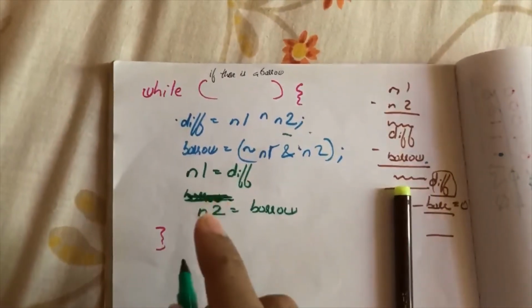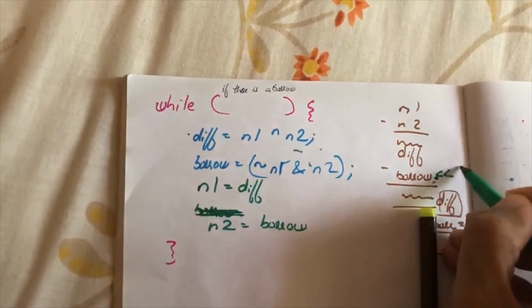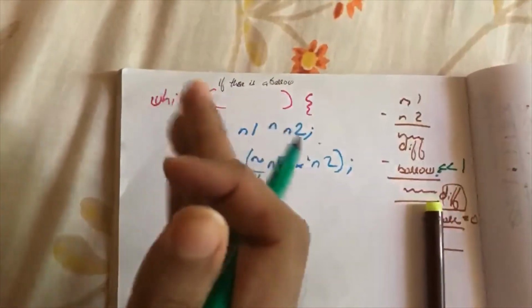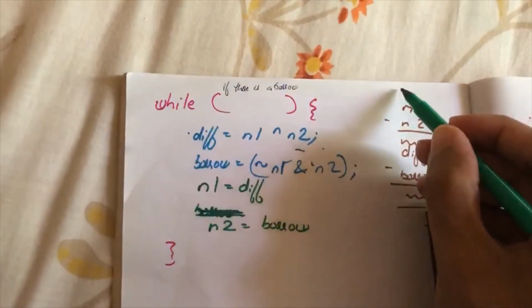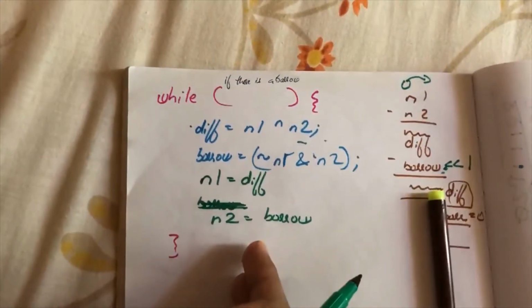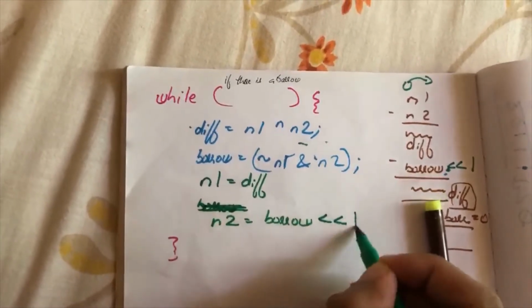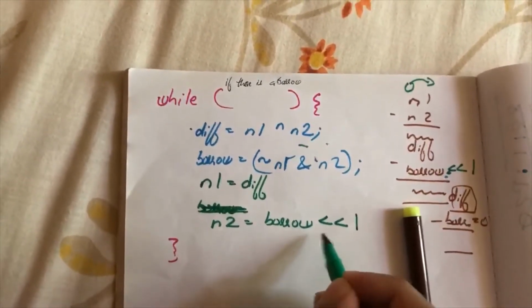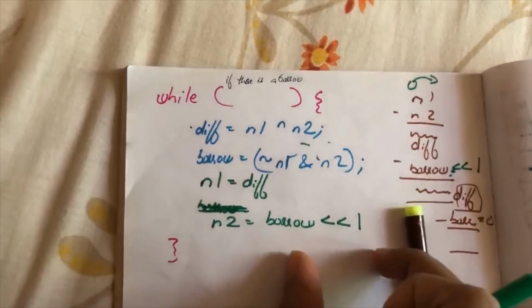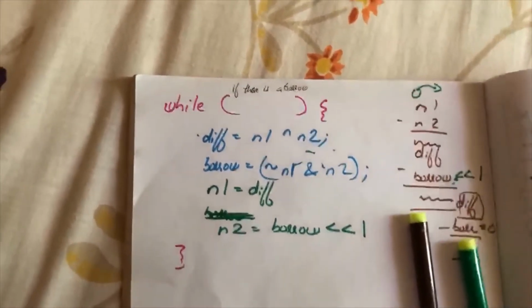And if you remember right, we had to left shift the borrow, because of the place value of what we were borrowing. So n2 is equal to borrow left shifted by 1. That's it.